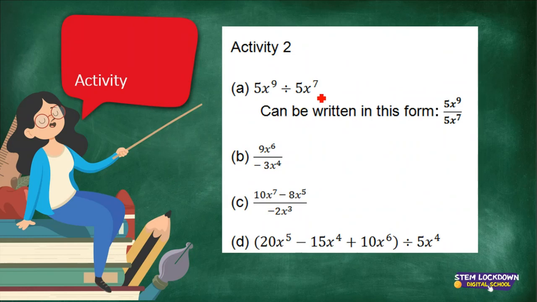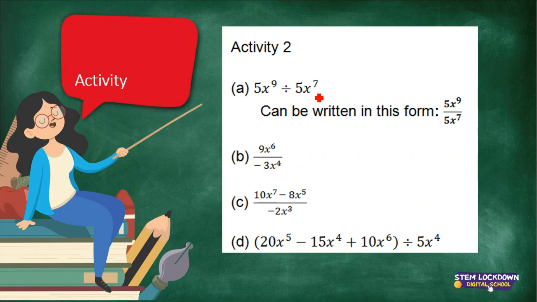Please give me the answer to A, which says 5 times x to the power 9, or simply written as 5x to the power 9 divided by 5a to the power 7, right?